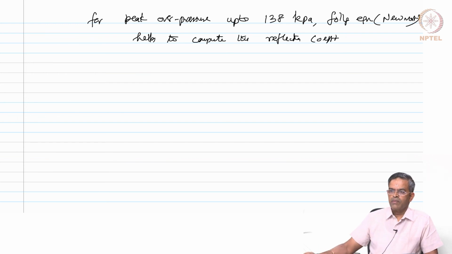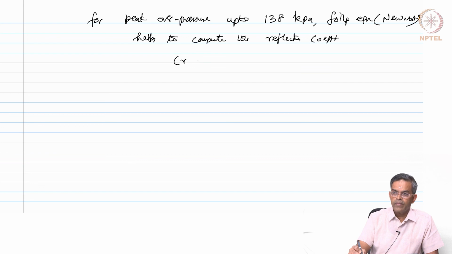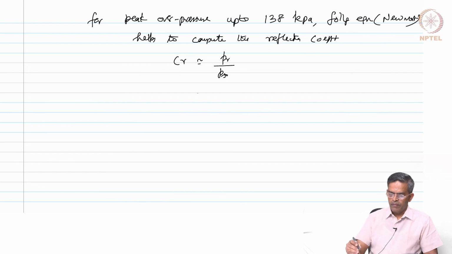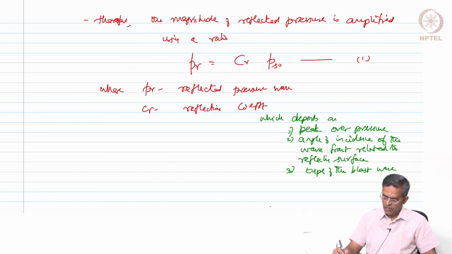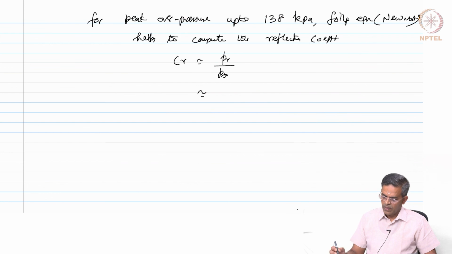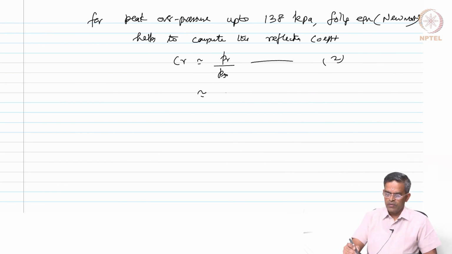So, CR is given by PR by PSO is approximately equal to, you can see from this equation, we will call this equation number 2, which is equal to 2 plus 0.0073 PSO, equation 2A.